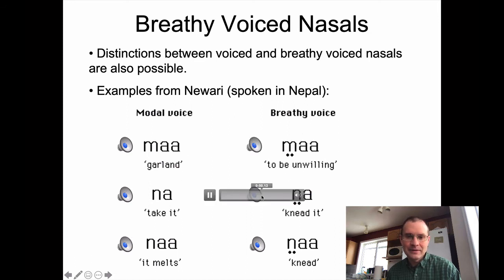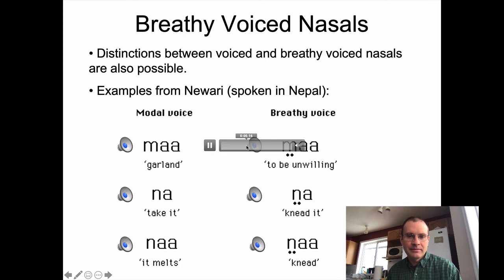So I think these work out pretty nicely. And you might also notice with this one, "ma", there's kind of a dip in F0 he gets right after he produces this breathy voiced nasal that you don't hear for the modal voiced one.